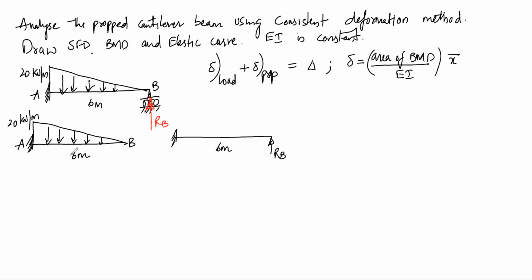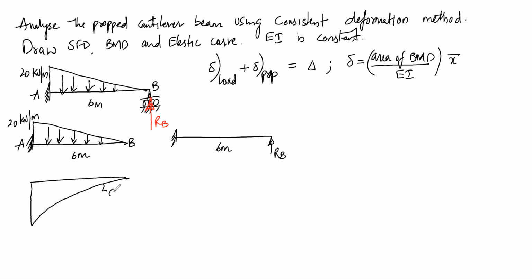Now the bending moment diagram for cantilever with triangular load will be a parabolic variation, but it will be a cubic parabola.